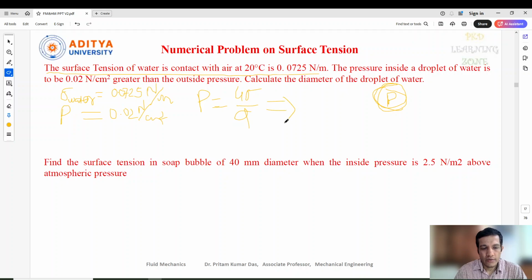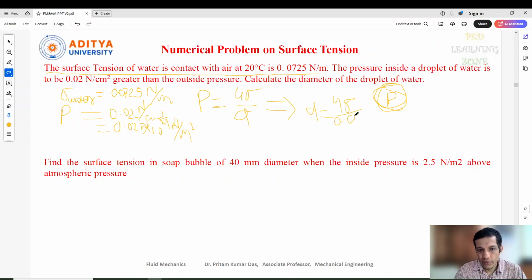Pressure is given as Newton per centimeter square, so we need to convert it into Newton per meter square. That will be 10 to the power 4 only, not minus 4: 0.02 into 10 to the power 4 Newton per meter square.